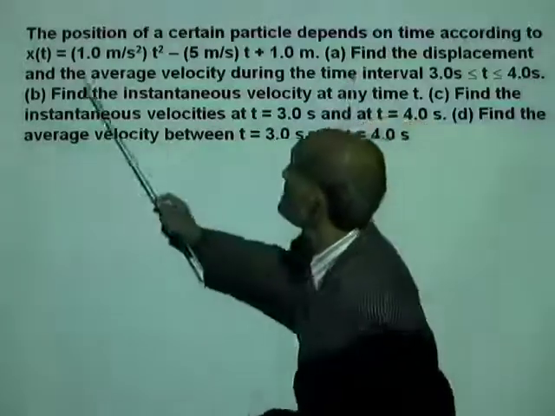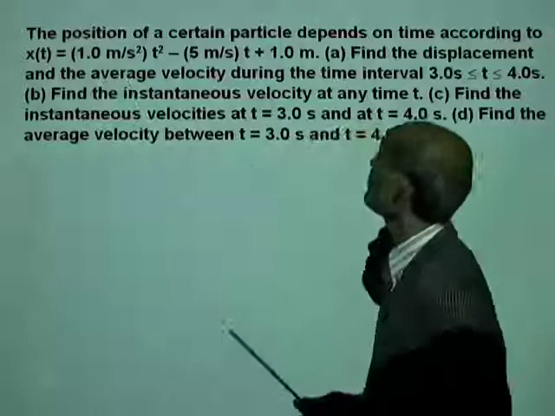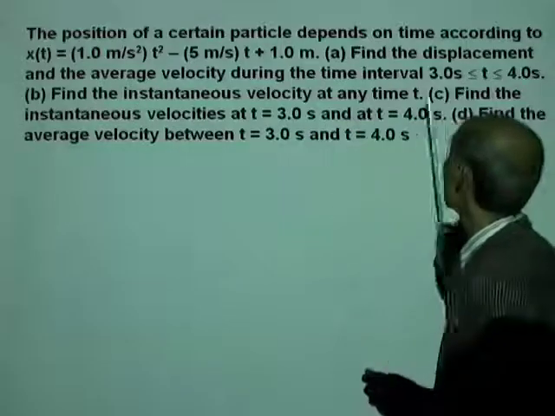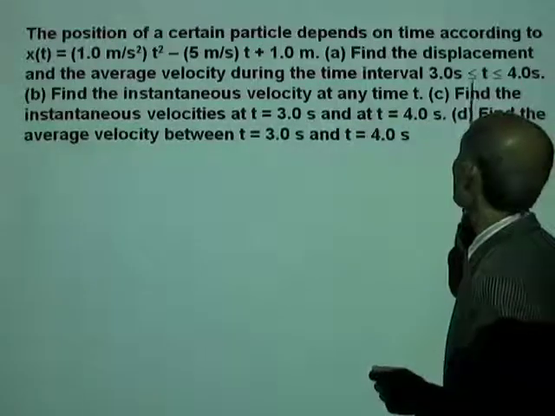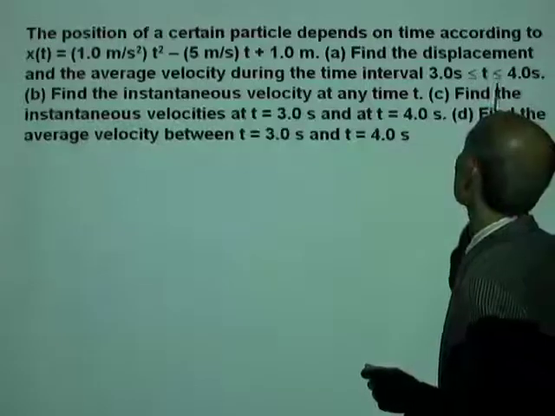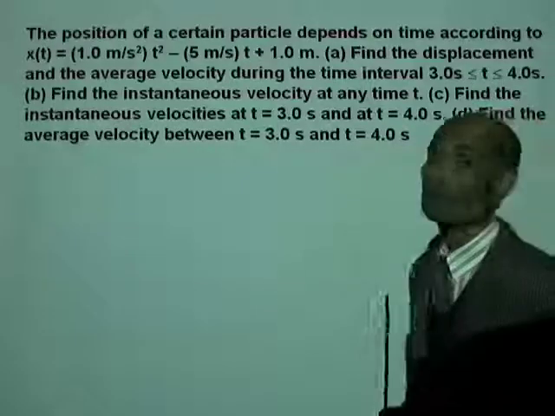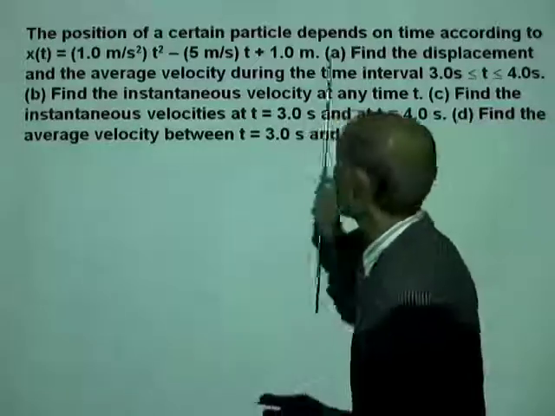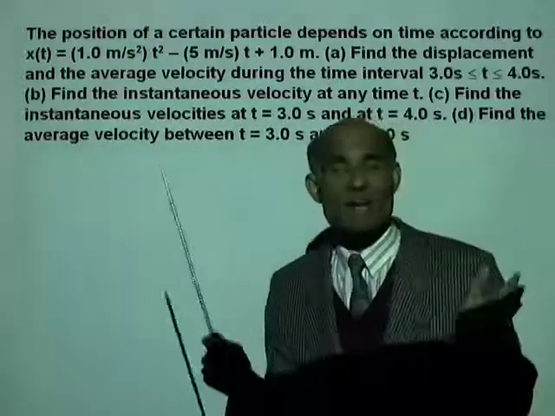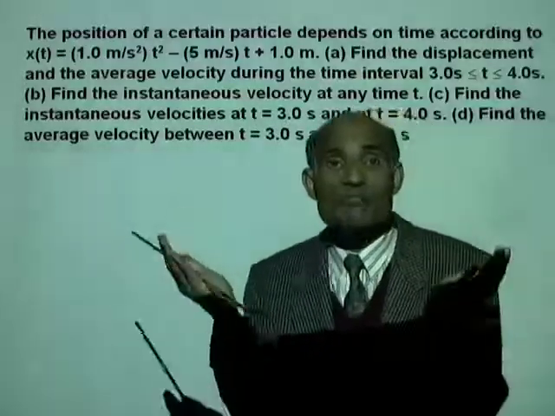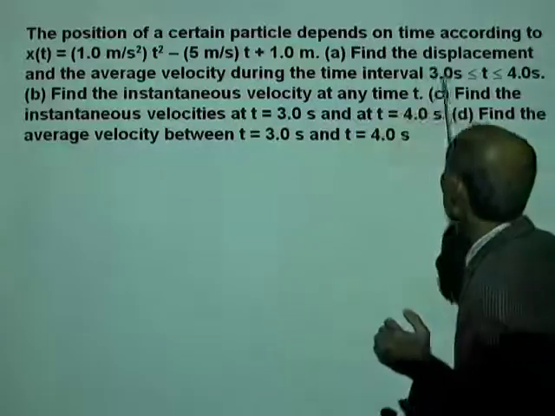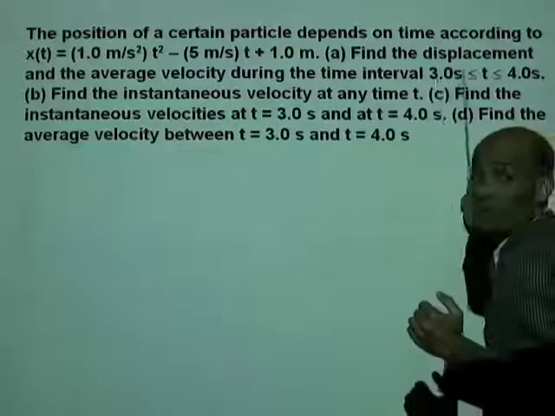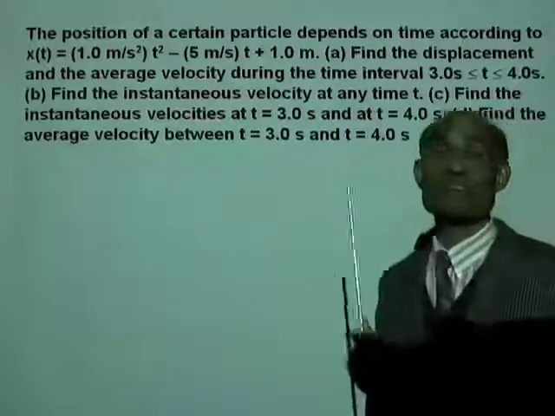Find the displacement and the average velocity during the time interval 3 seconds less than or equal to t less than or equal to 4. Alright, let's do that part. What does that mean? Find the average velocity during the time interval from 3 seconds to 4 seconds.